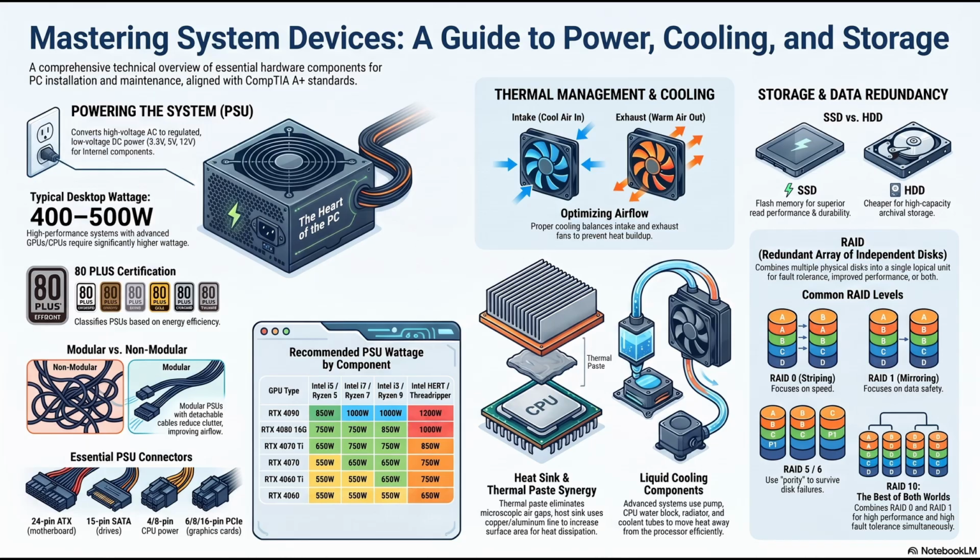Then we have flash and SD, secure digital cards. They utilize the exact same non-volatile NAND flash memory cells as a high-end SSD, but the engineering focus is extreme miniaturization for devices like smartphones, drones, and digital cameras. I always get confused buying SD cards because there's so many cryptic symbols on them. U1, V30, Class 10. Those symbols represent guaranteed sustained write speeds.